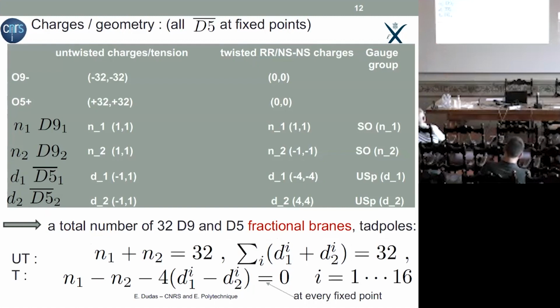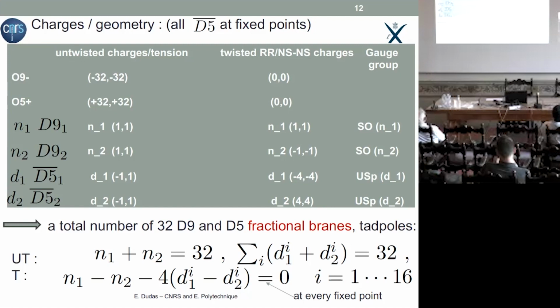Now, the charges of the geometry. The peculiarity here compared to the standard supersymmetric realization, as I said, is that these branes have non-trivial charges with respect to these localized tensor fields, the twisted fields.